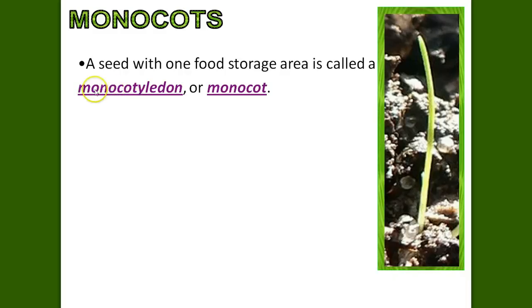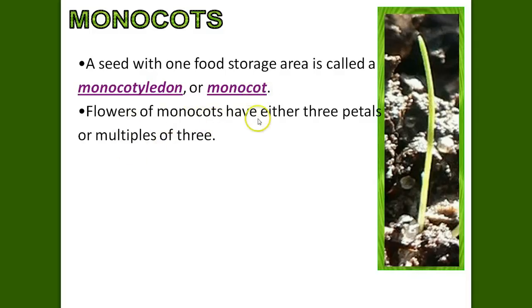If you just remember mono means one and cotyledon is food sac, so one food sac. Mono means one, and cotyledon is a food sac, or food for the seed to break out in germination. So monocot is just a short way of saying monocotyledon.